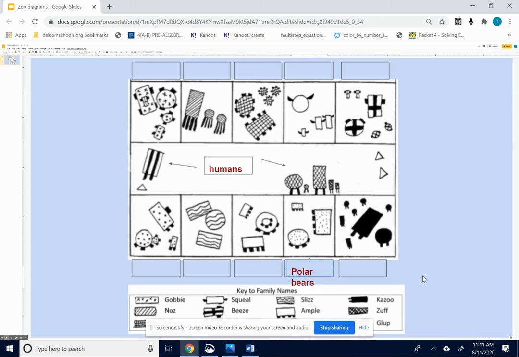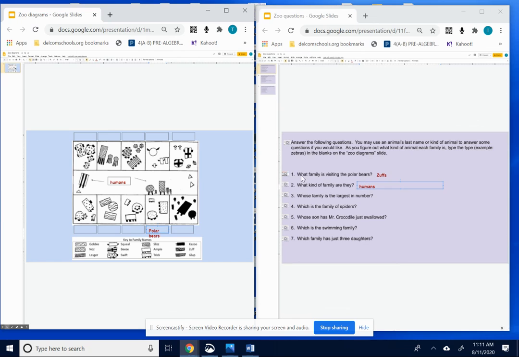When you try to answer the questions, look at the actual pictures. Sometimes the pictures will give you a clue as to what an answer is. The family names may give you a hint. And sometimes the questions will give you a clue, like question 1. Question 1 really gave us the clue that the animals on the bottom right-hand side are polar bears.